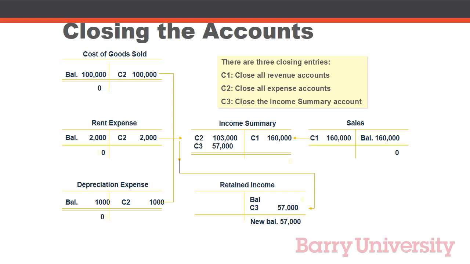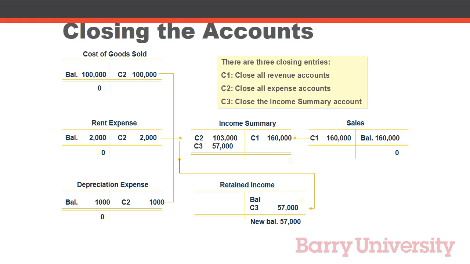The corresponding entry was a debit of $103,000 to income summary. So now the income summary, after transactions C1 and C2, has a debit balance of $103,000 representing closing the expenses, and a credit balance of $160,000 representing the closing of the revenue accounts.